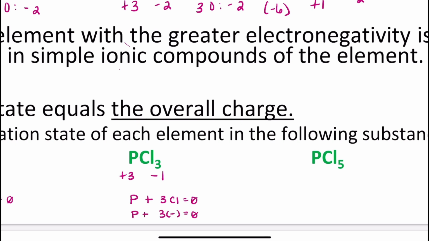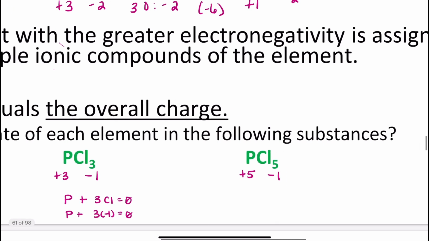So phosphorus plus that 3 times -1 equaling 0 means the phosphorus has to be a +3. We just decided that chlorine wants to be a -1, and it does. It's because it's a halogen. Halogens want to be a -1 charge. But that means for this species to be neutral, this has to be a +5 charge. So I can see phosphorus can do +3 and +5.